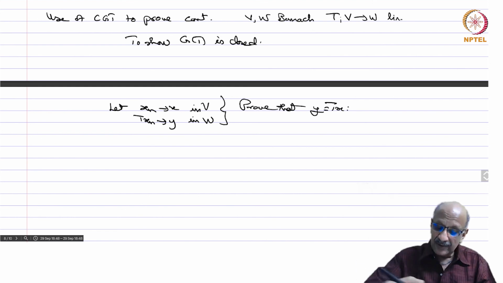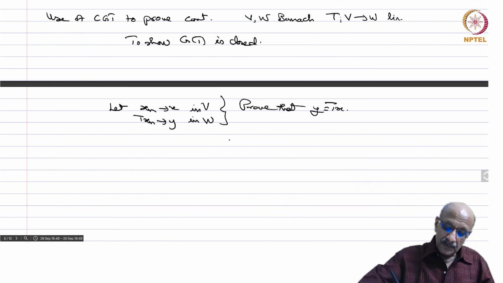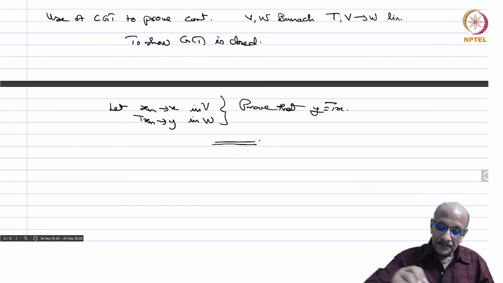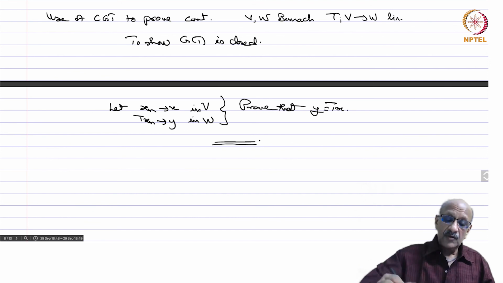So that is the only part which you have to do, and therefore it is a very efficient method of showing the continuity of this. Okay, so we have now proved all the three grand theorems which follow from Baire's theorem, and we will see many applications in the lectures to follow. Okay.